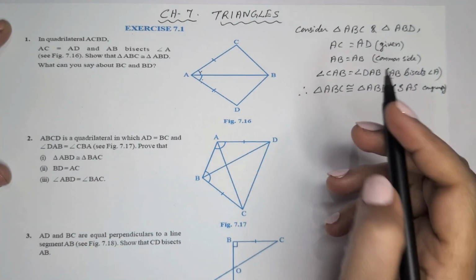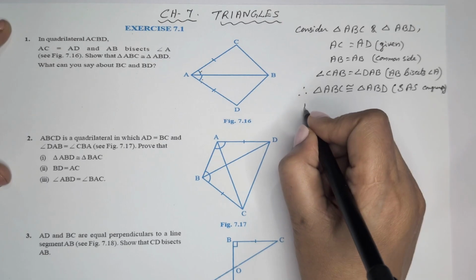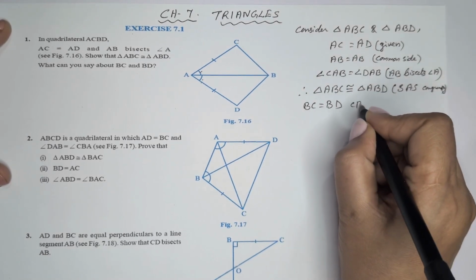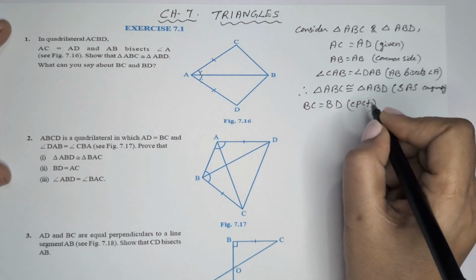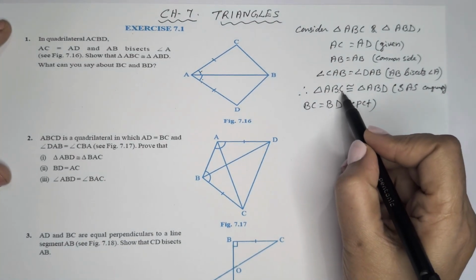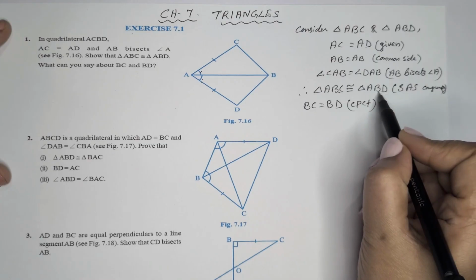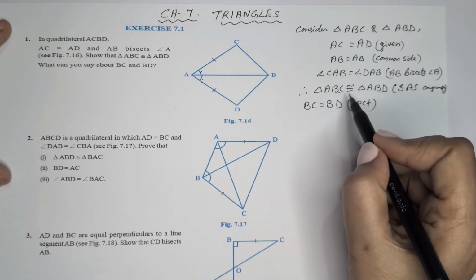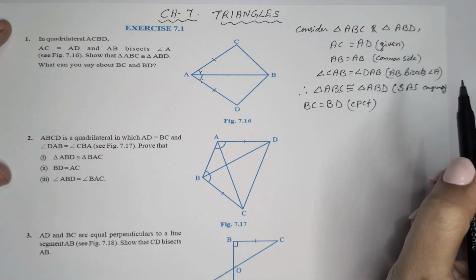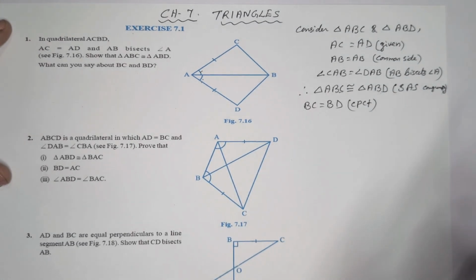We can write BC is equal to BD by CPCT, corresponding parts of the congruent triangles. By CPCT, these two are equal.